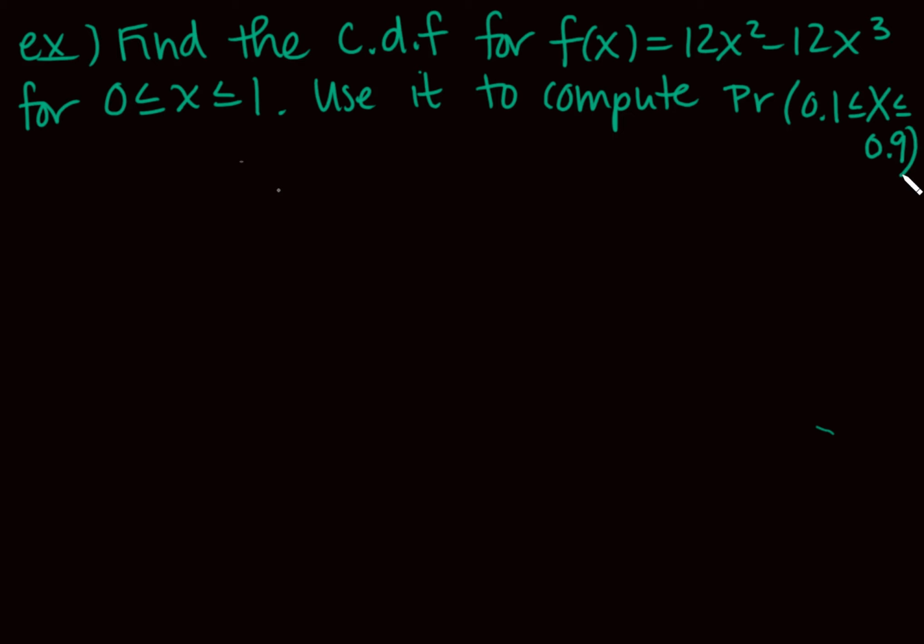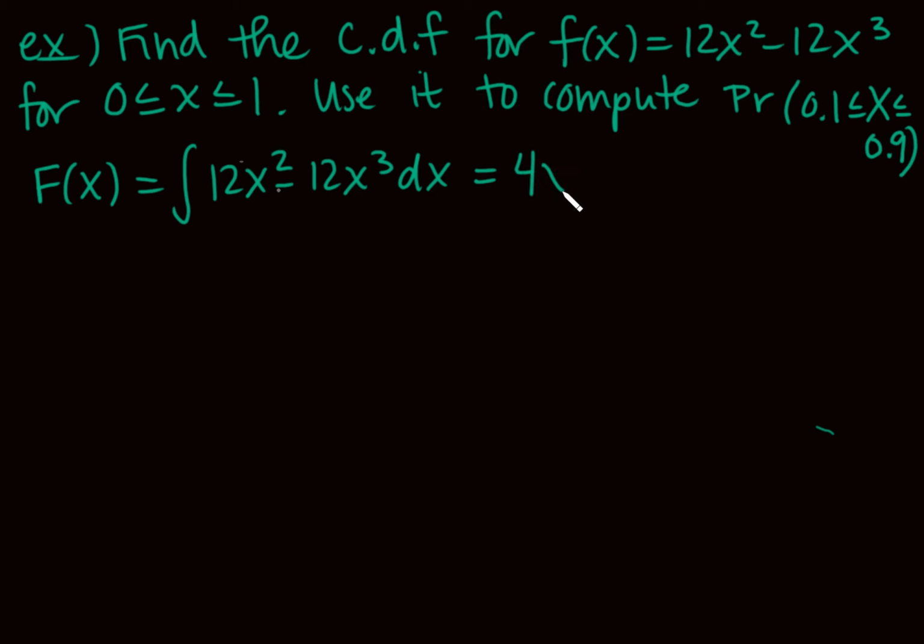Okay, so I know that big F is just the antiderivative of 12x squared minus 12x cubed dx, which we saw before was 4x cubed minus 3x to the 4th, I believe. But now I have this plus c. So how do I find the c?